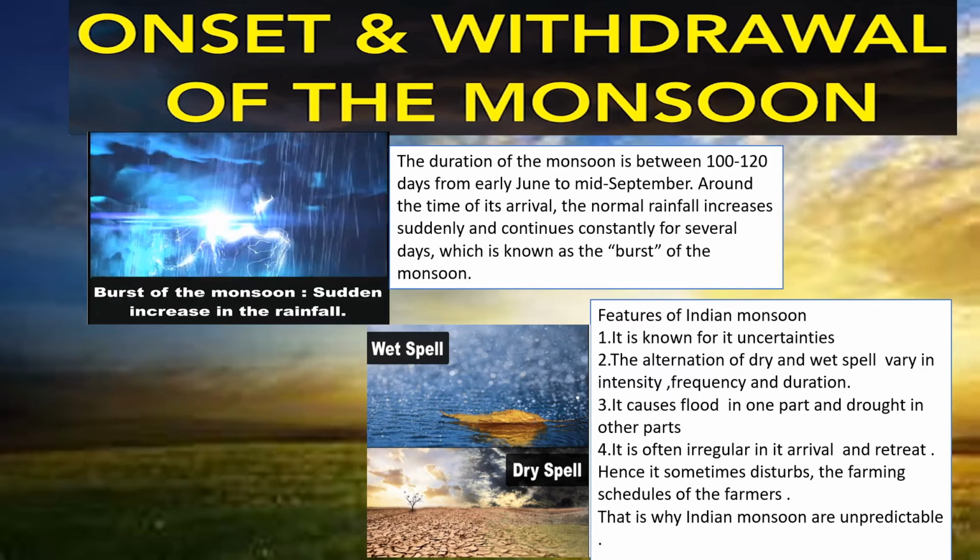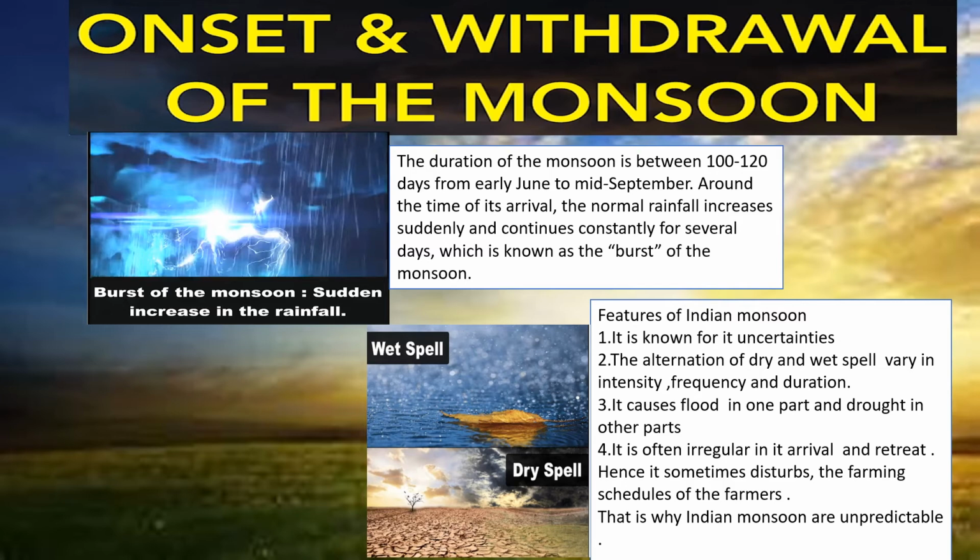Now, before we discuss this in detail, let's look into the features of the Indian monsoons and find out why it is said to be very unpredictable. For the first reason, it is because of its uncertainty. Second reason is the alteration of dry and wet spell that varies in intensity, frequency and duration.